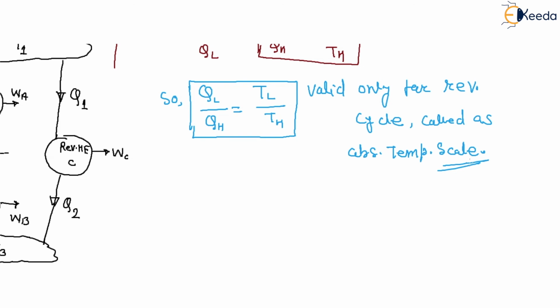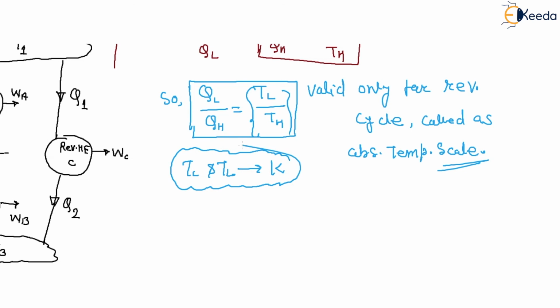So for a reversible engine, the ratio of heat transfer is equal to the ratio of absolute temperatures. This is always in Kelvin, so we take TL and TH always in Kelvin. This is called the thermodynamic temperature scale. Okay, thank you.